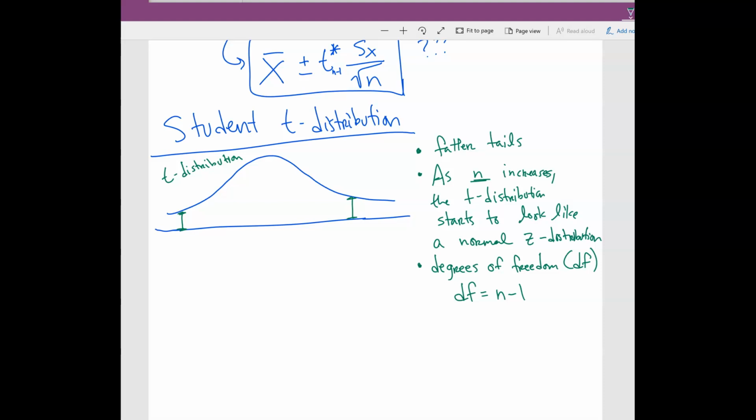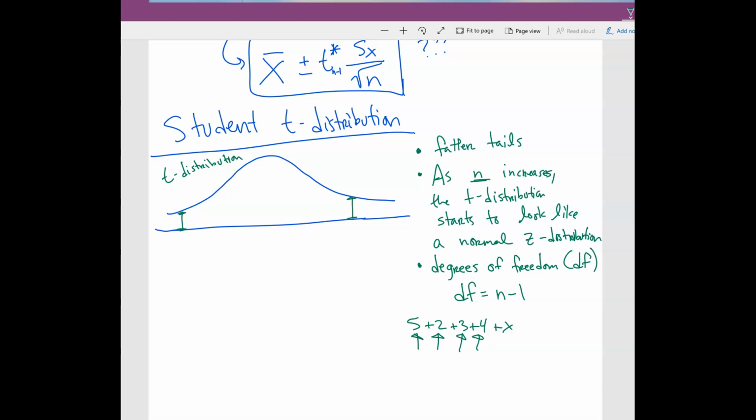It's a little complicated, but you can think about it like this: if you have 10 observations and you're trying to find the mean, then for 9 of them you are free to choose whatever you want, but the last one is already decided.